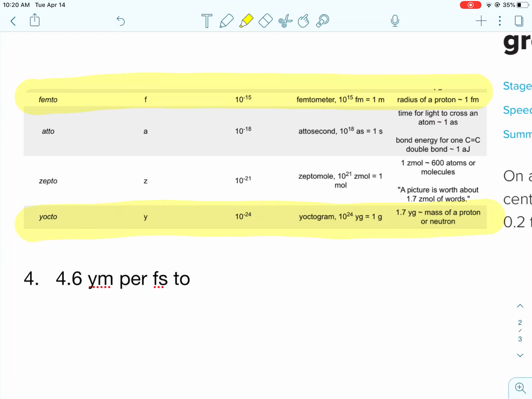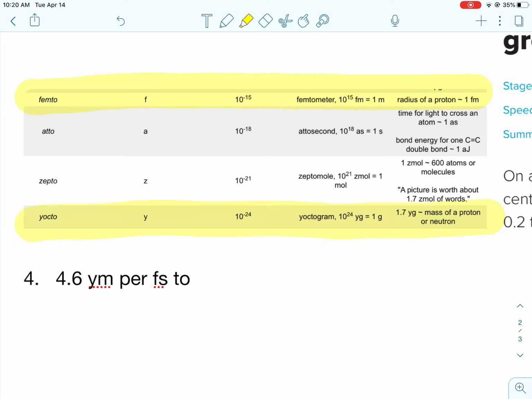So we know that 10 to the 15 femtometers is equal to 1 meter. And 10 to the 24 yoctograms, or we could do yoctometers, we could do femtoseconds, so it's fine. It doesn't matter which type of measurement it is, it all works. But anyway, 10 to the 24 yoctograms equal to 1 gram.